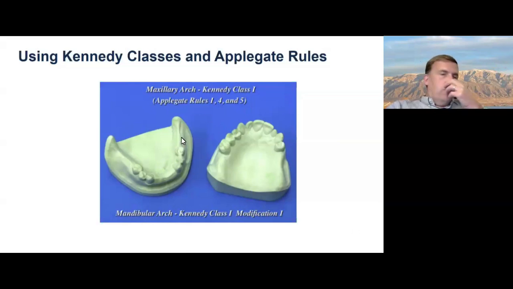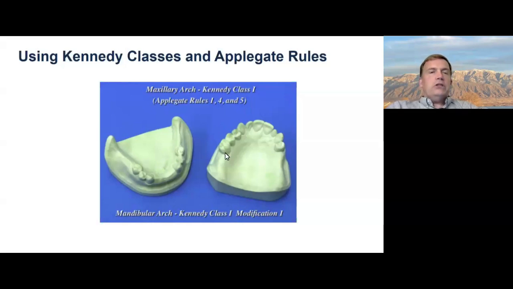So let's look at a couple of real life cases and see how the Applegate modifications come into play. Let's say that in both these situations, all the extractions have been done. If we look at the maxillary arch, in this particular case, we're not going to replace tooth number 2.